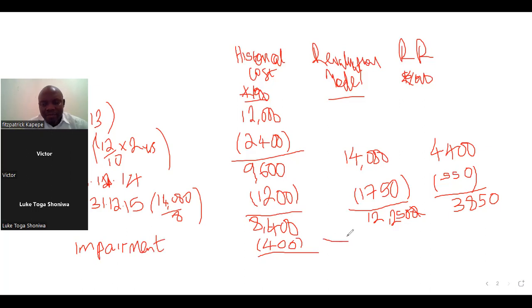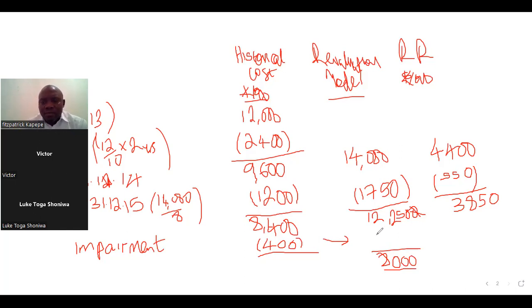Then we know that what sat in our financials was 8 million, right? So meaning that if under the revaluation model, there was an impairment as well. What is the difference here?